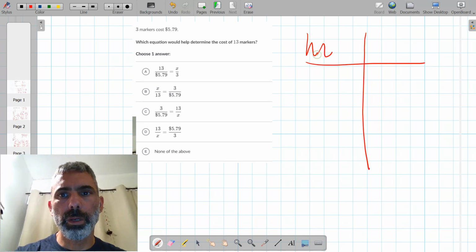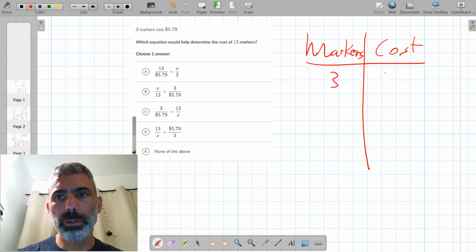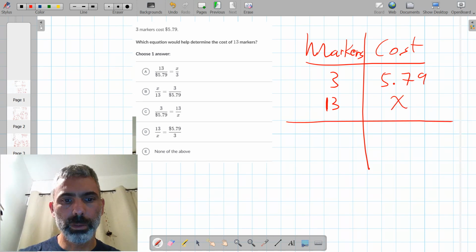So I have markers and have cost. They tell me that 3 markers cost 5.79. Which equation would help determine the cost of 13 markers? So 13 cost an unknown amount.